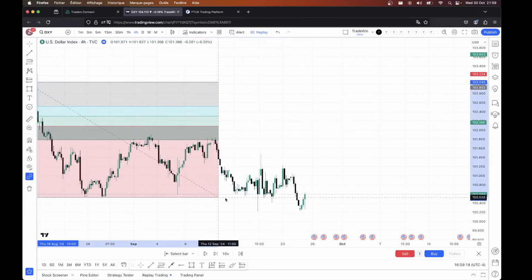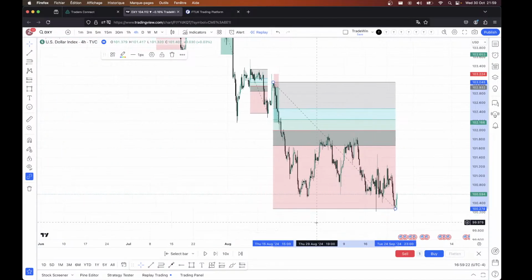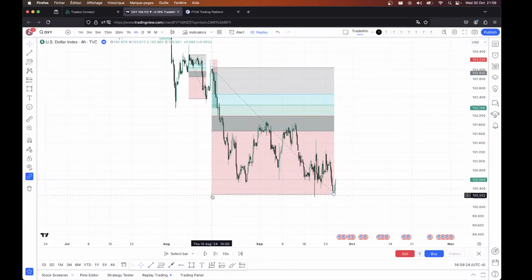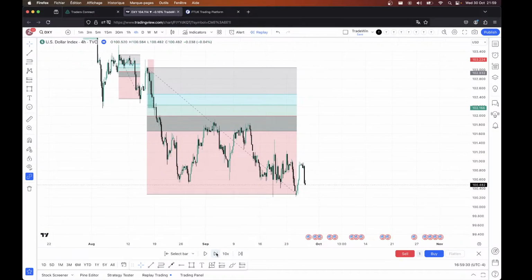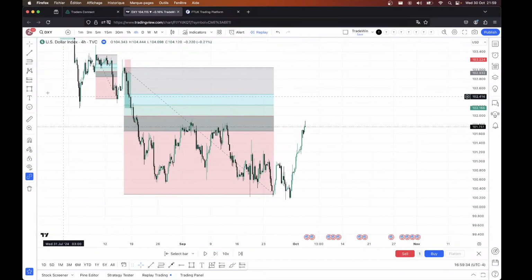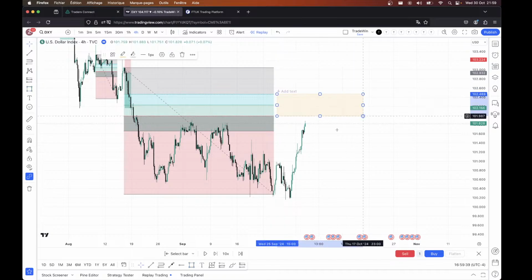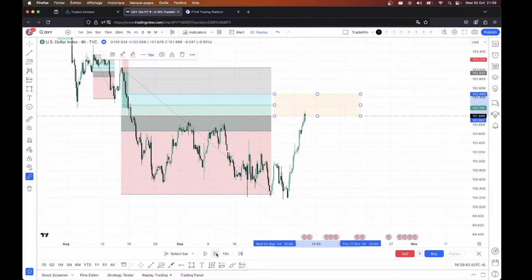So let's continue to update. Okay, very long downtrend here, started August 15 and continuing here. Okay, I don't care. I try to go faster. Oh, what's going on? Not yet. Not yet. Oh, we are in.